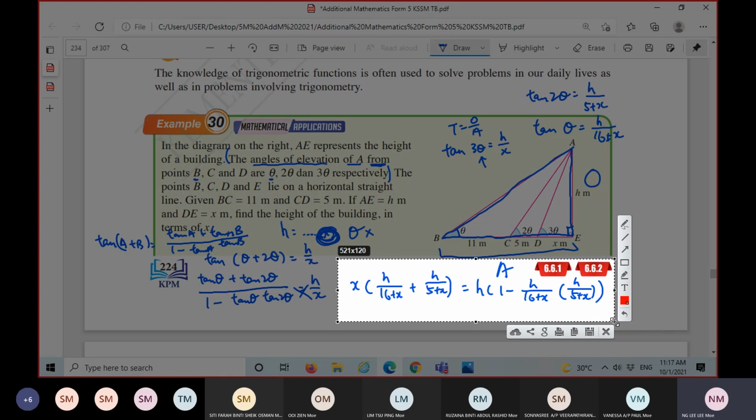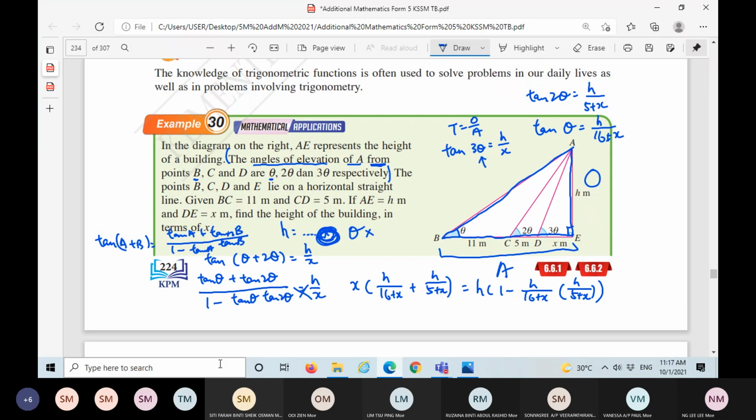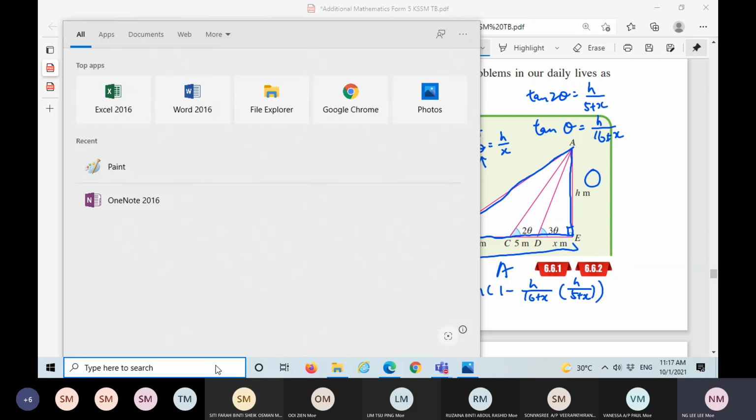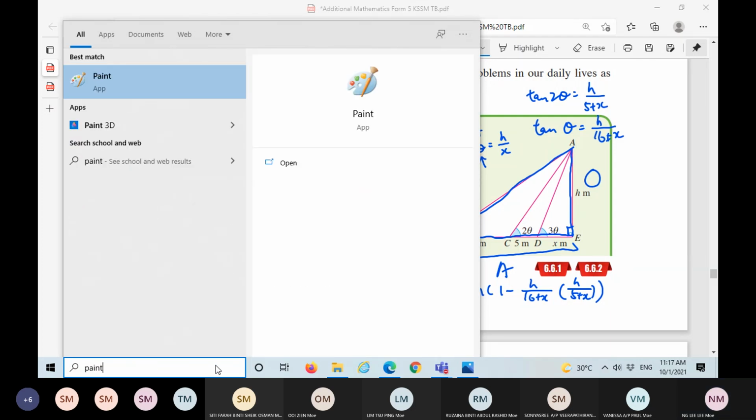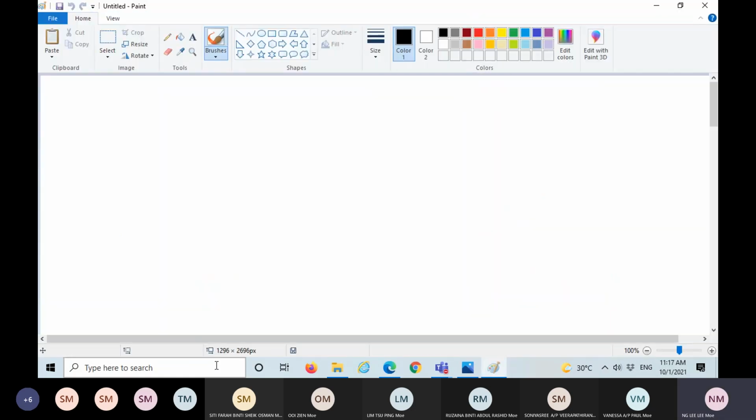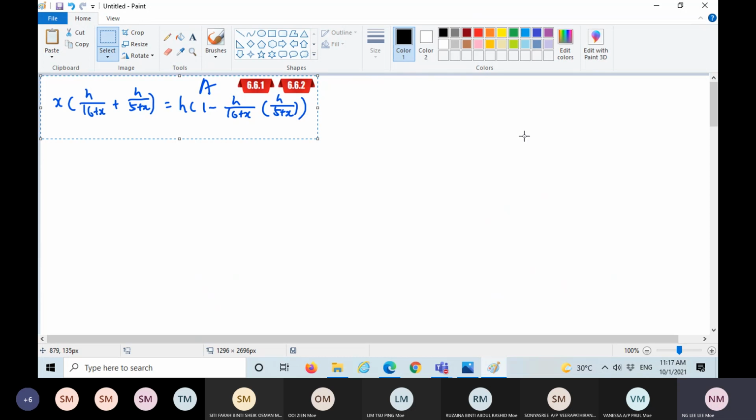I move it into the other place, because I think no space for me already. So now continue. The more complicated, the teacher more happy, but you are not happy.